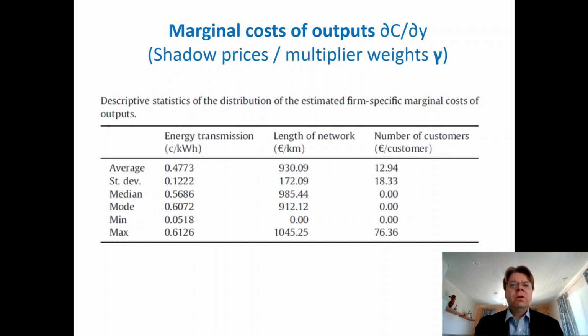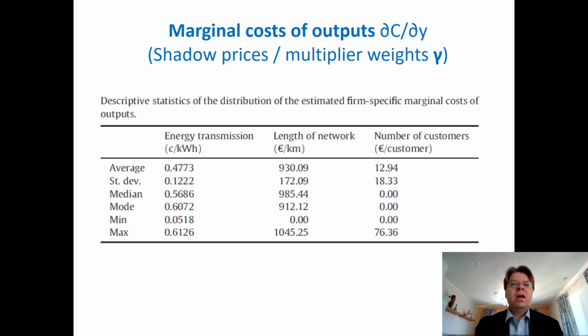So we can think about the marginal cost of output. And remember, in the case of DEA, we have these multiplier weights gamma that we can use in the multiplier formulation of data envelopment analysis.